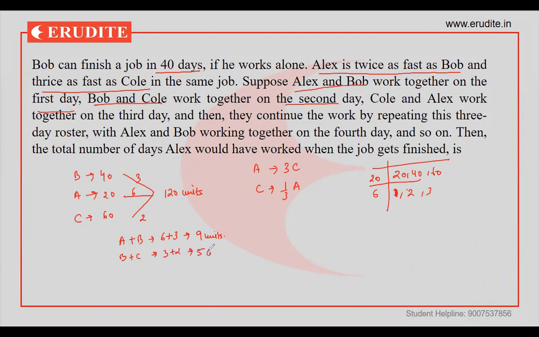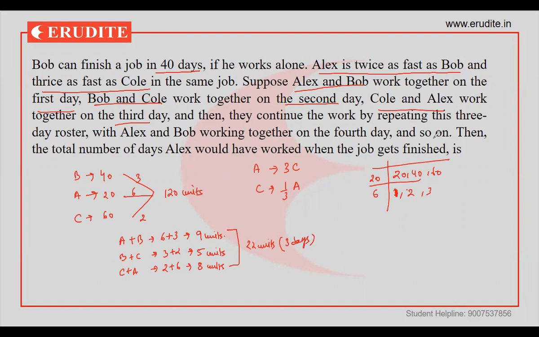So in 1 day they are completing 5 units. And Cole and Alex work on the third day. Cole's 1 day work is 2 units, Alex's 1 day work is 6 units. So they are completing 8 units. Now in these 3 days, guys, how much are they completing? 9 plus 5 is 14, 14 plus 8 is 22 units in 3 days.